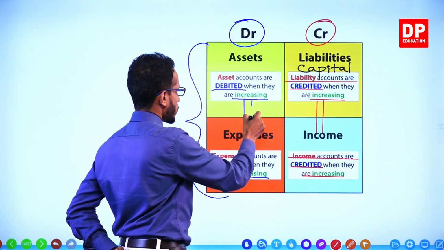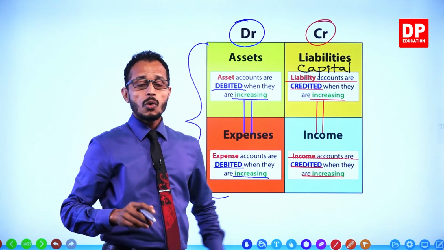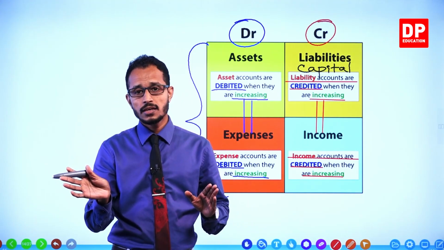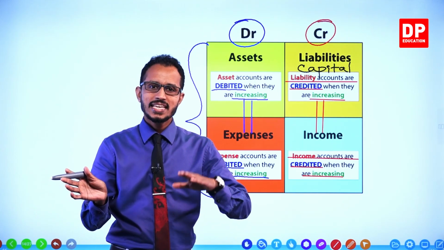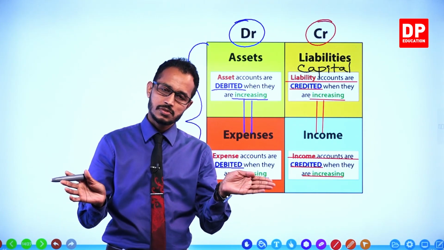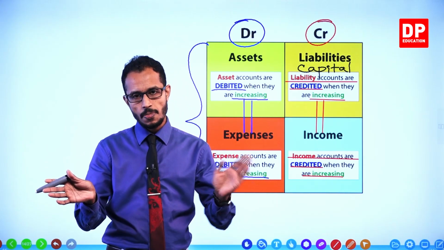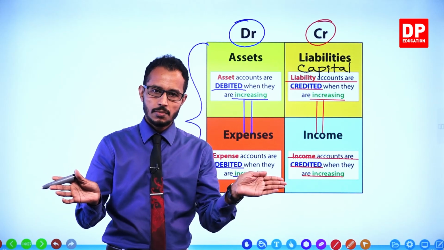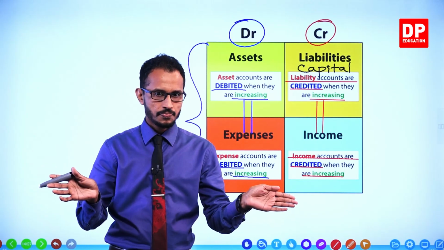So what you should remember here is assets and expenses are on one side, all right. Liabilities, equity and incomes are on the other side. Opposite sides.